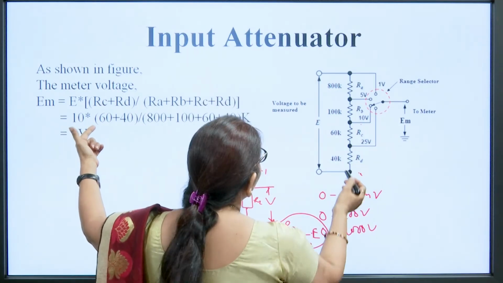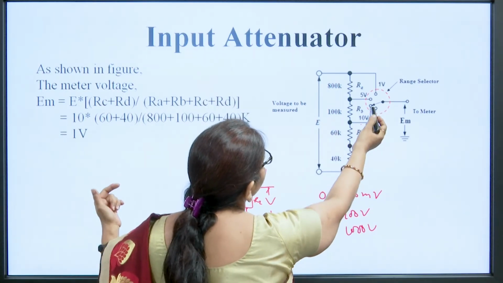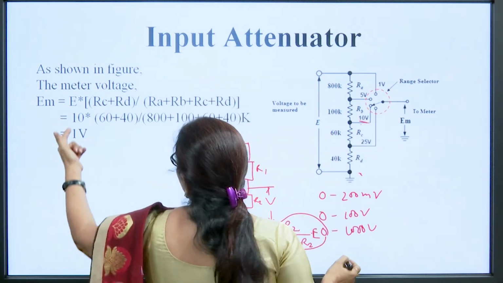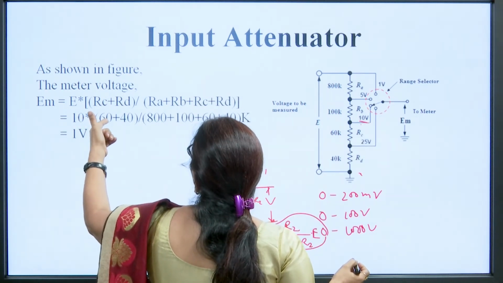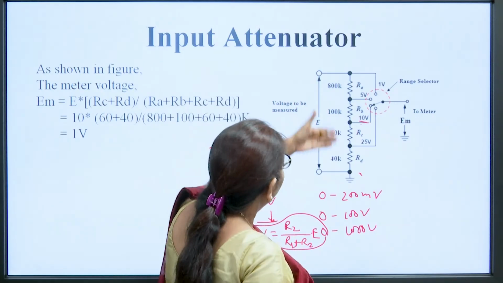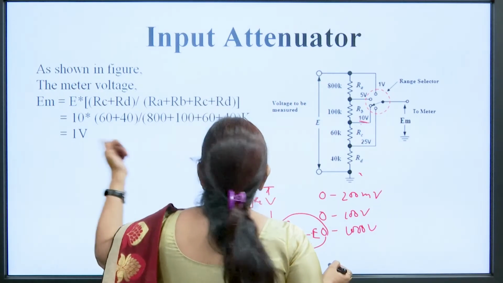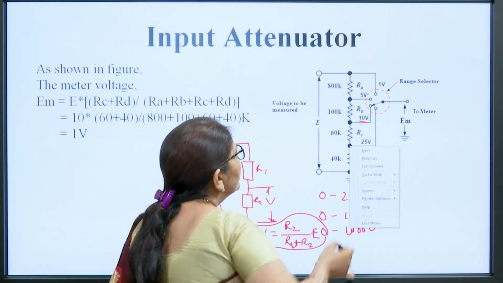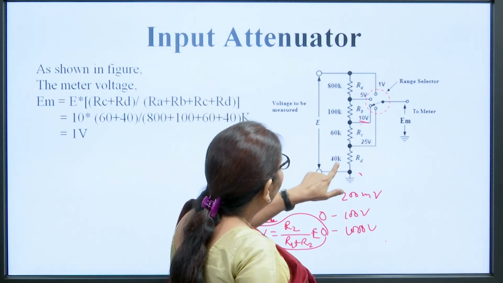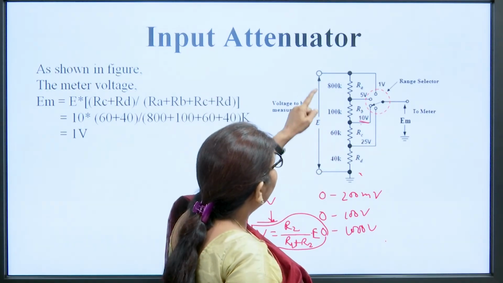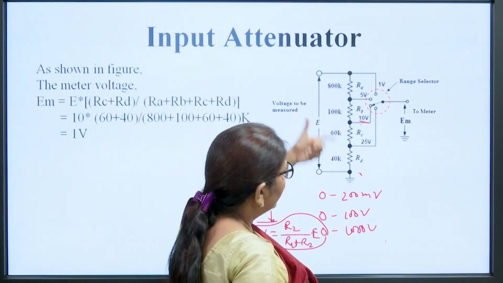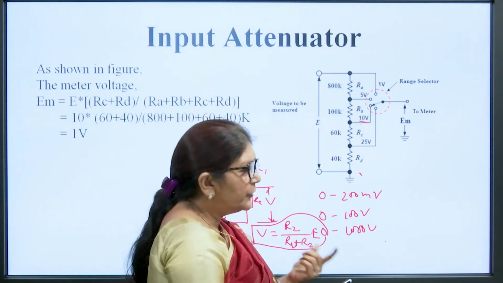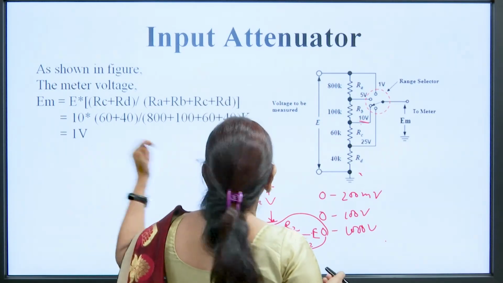The input voltage is suppose 10 volt, because this switch is showing 10 volt. So, 10 volt into 60 plus 40 divided by total resistance. So, again it will be 1 volt. Similarly, if we place this at this position, it will be 40 kilo ohm divided by total 1000 kilo ohm. So, it will again be 1 volt.